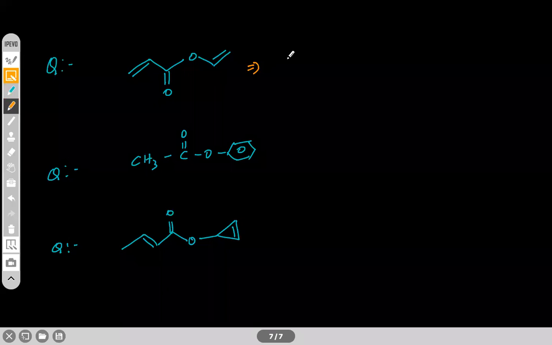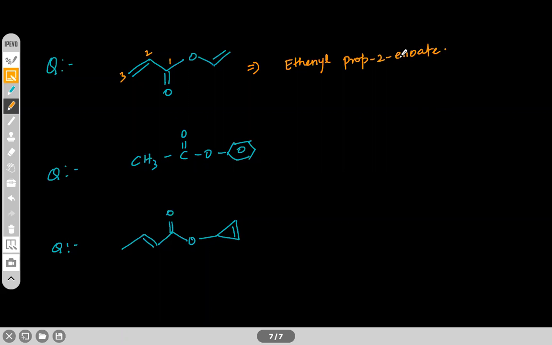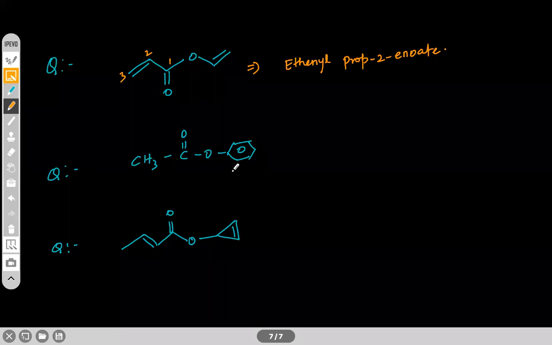Okay, so the name is ethynyl prop-2-enoate. Okay, this group is phenyl group. So it is phenyl ethanoate.